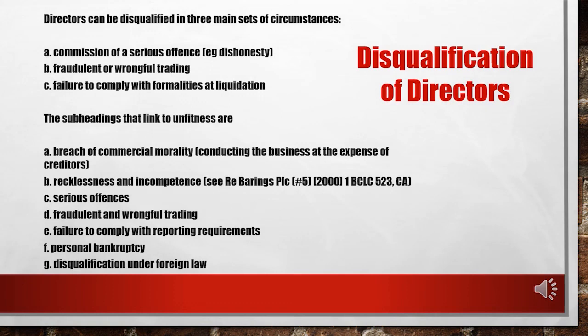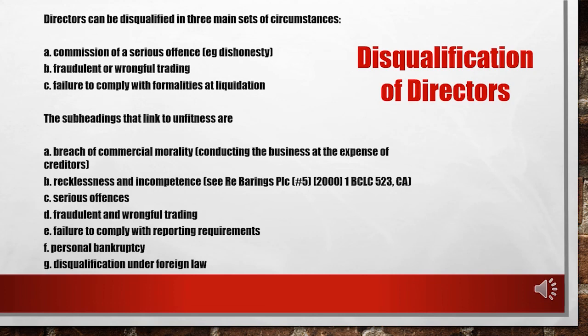The idea of disqualification. Now, what happens if a director is proved to be a terrible person? If they're terrible managers and terrible people, maybe getting rid of them from a company is not enough, because there's a public interest. Maybe you want these people prevented from taking over companies in the future.